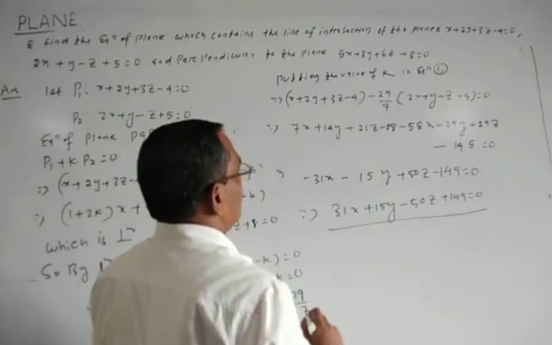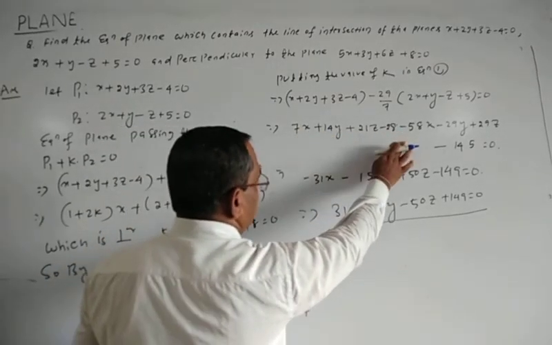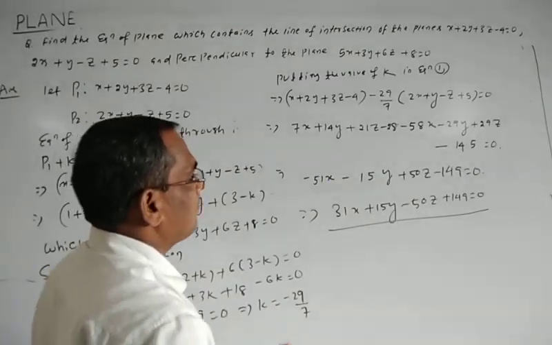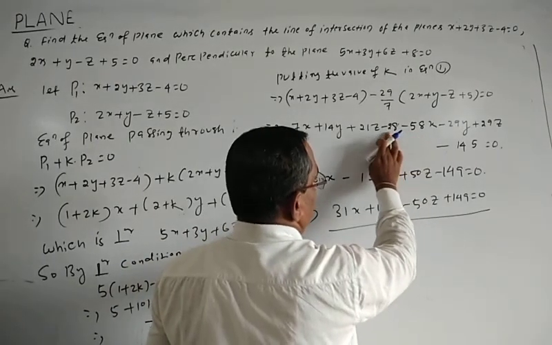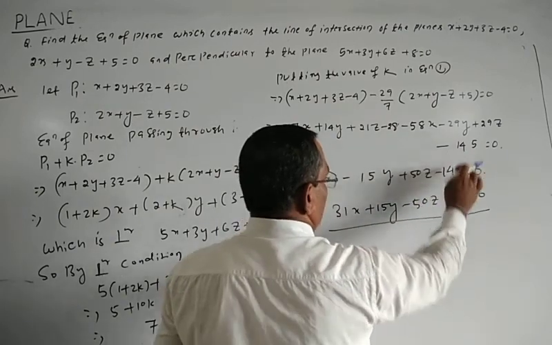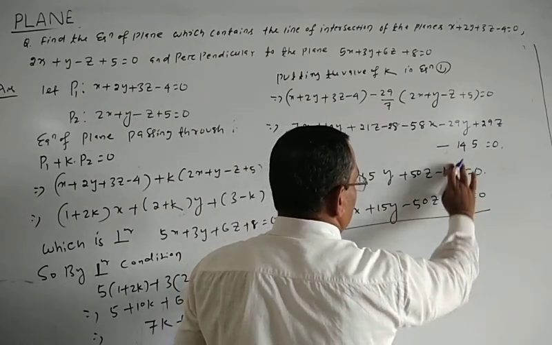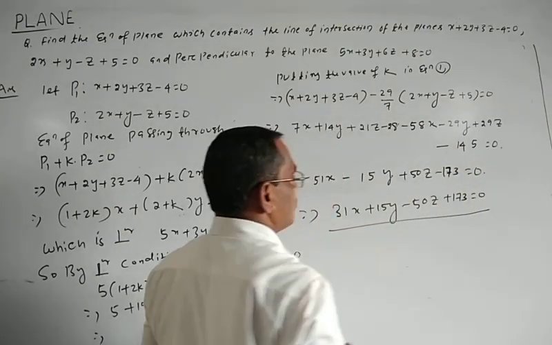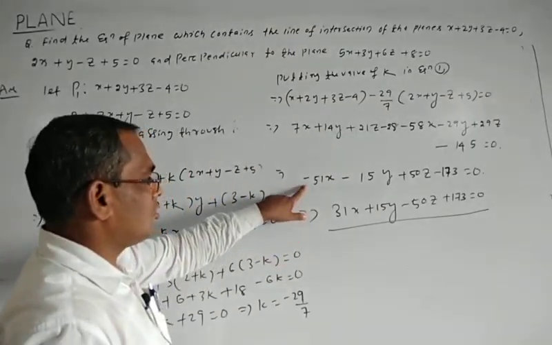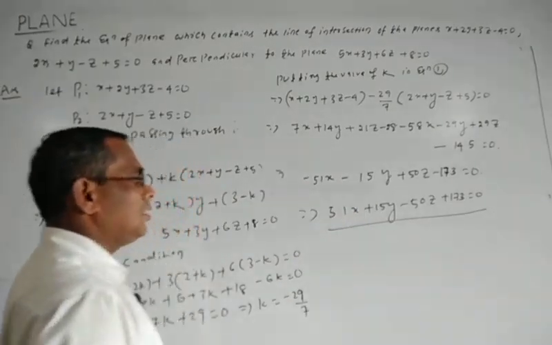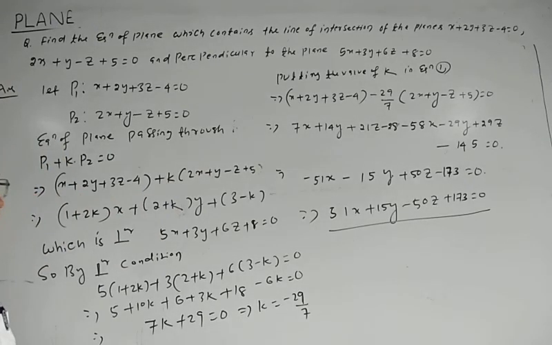So 7x minus 58x is minus 51x, minus 15y, and the constant is minus 28 minus 145, which is minus 173. Taking minus as common, this is equal to 51x plus 15y minus 50z plus 173 is equal to 0. Okay.